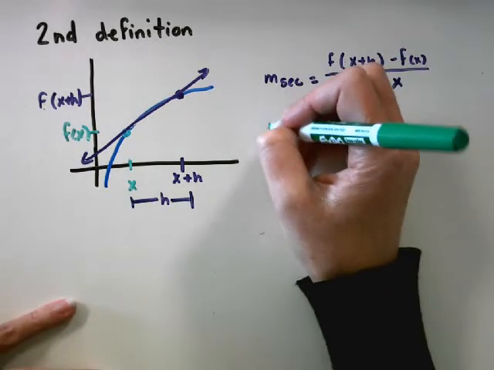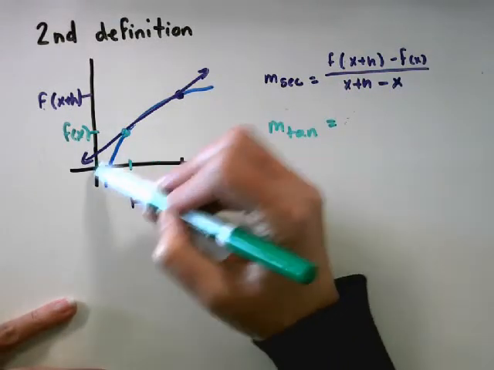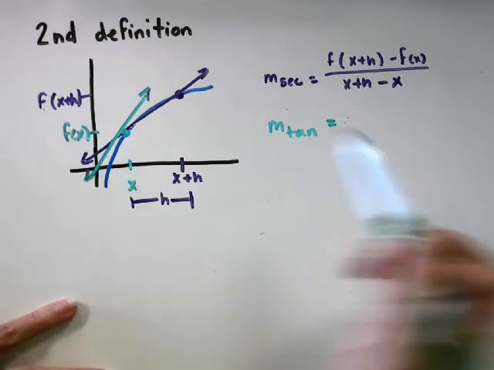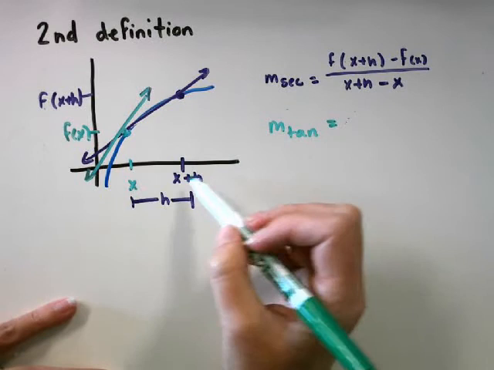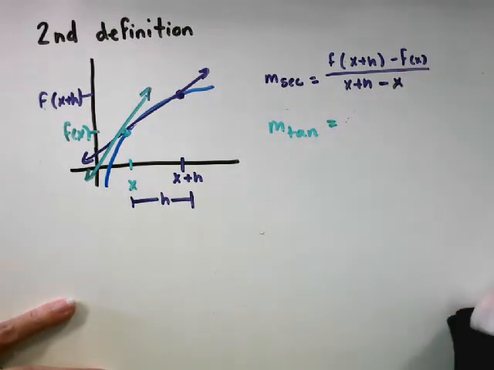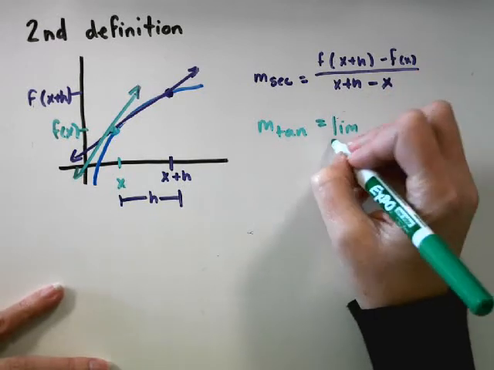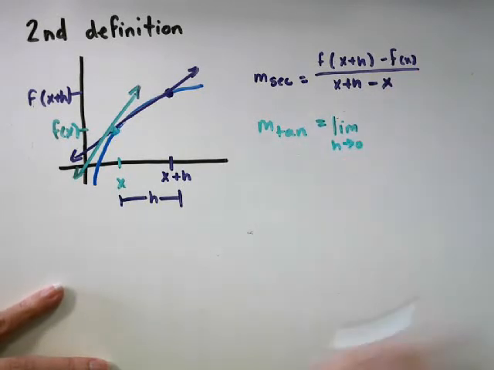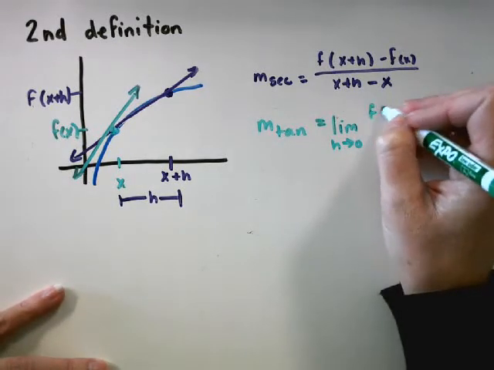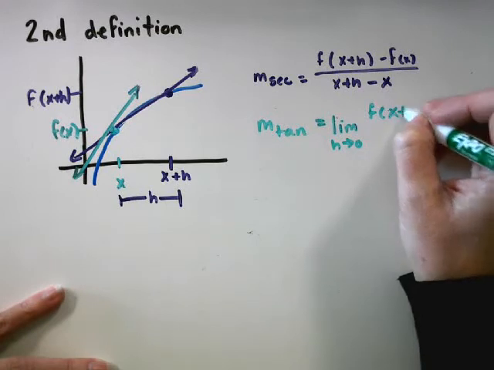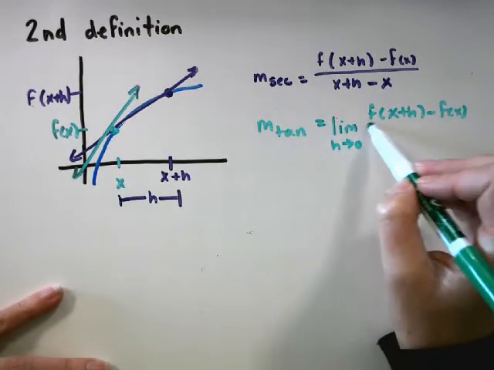So the tangent line is going to occur as this h gets infinitely small, as soon as this point is basically on top of this point. So again, we're going to use limits. This is going to be the limit as h goes to 0, as that gets really, really small, of this whole thing: f of x plus h minus f of x over this x plus h minus x, which is just h.